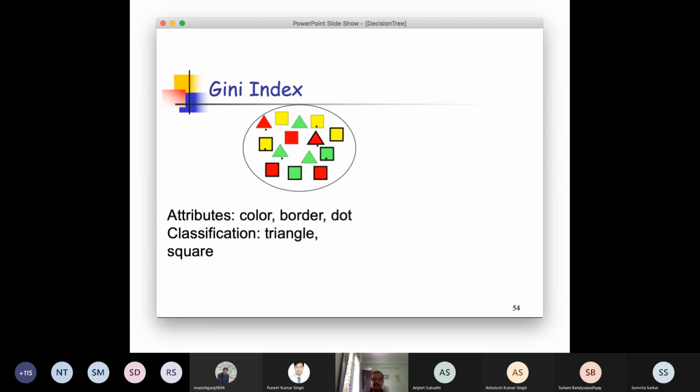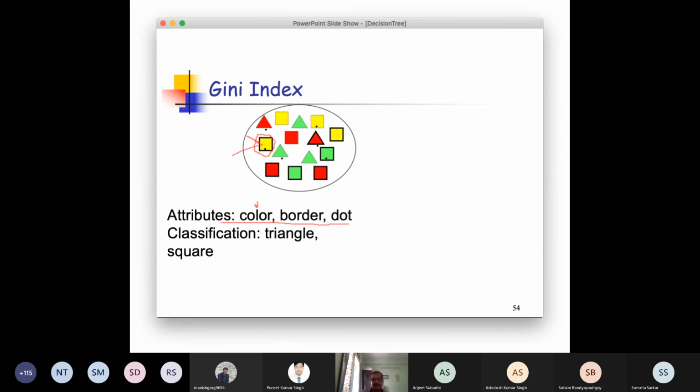Let me explain a little bit about this data. We are showing each example with 3 attributes: color, border, and dot. Consider each sample. Color is yellow, and it has a border.